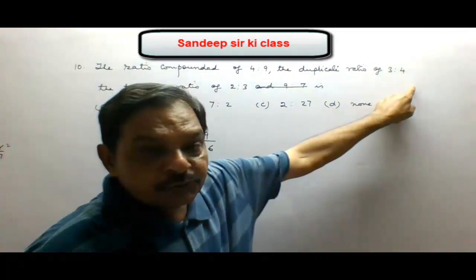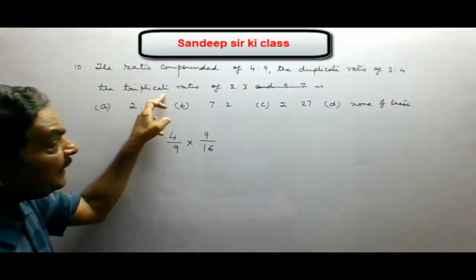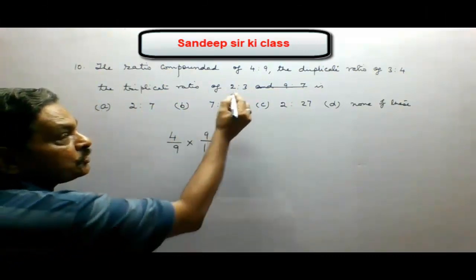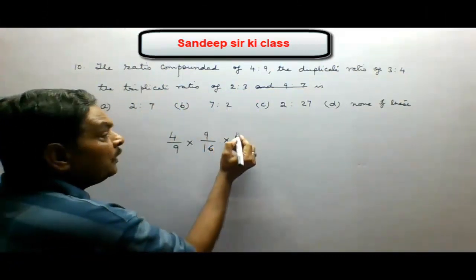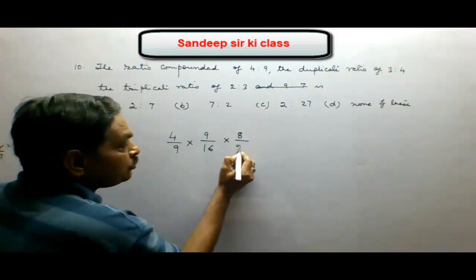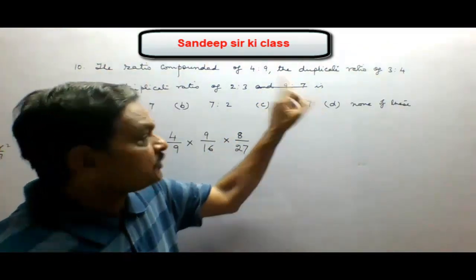Duplicate ratio of 3:4 is 9/16. Triplicate ratio of 2:3 is 2 cube, which is 8, and 3 cube, which is 27. And now I am not considering 9:7.